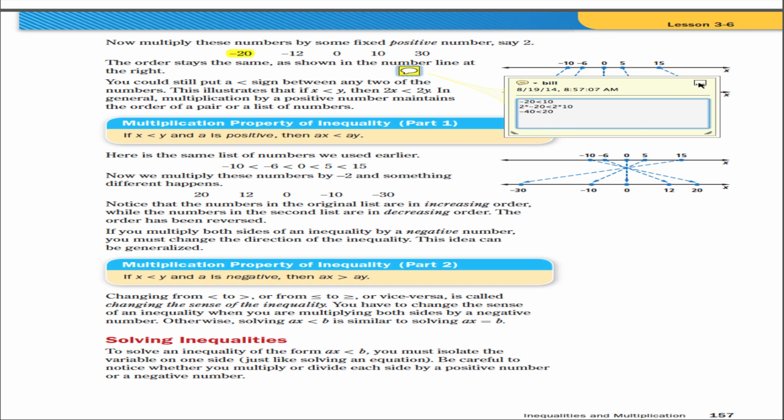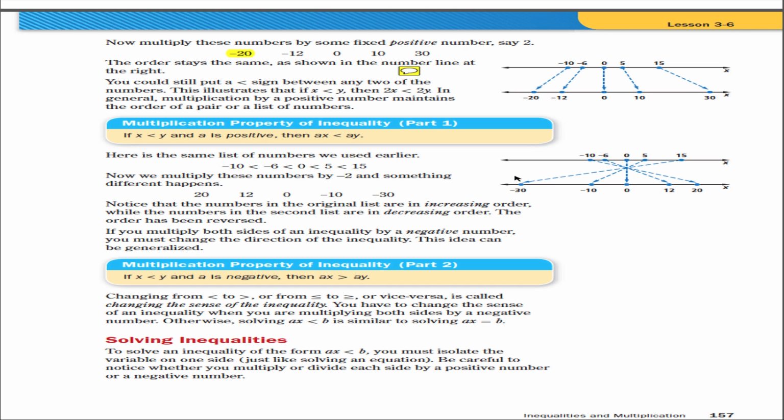Now the other part of this, part 2 of the multiplication property of inequality, is if a value is negative. So let's take a look at what might happen if we have a negative value. The example is multiplying by negative 2.